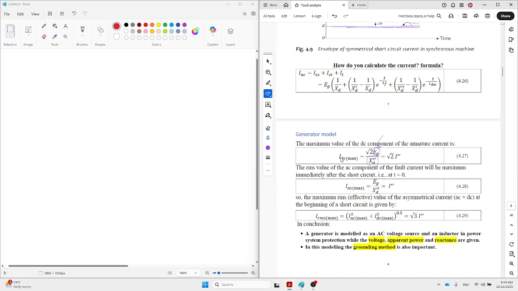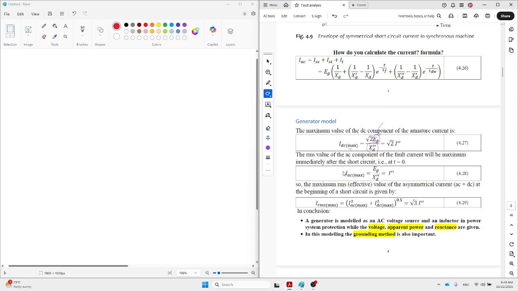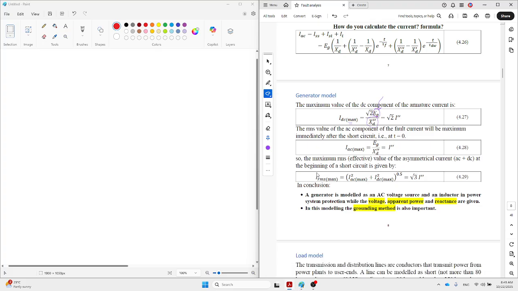So this is IDC, the current DC maximum. And then IAC maximum is the voltage before fault over the XD double prime. And finally, if I ask you what is the RMS current maximum, it is IDC to the power of 2 plus IAC to the power of 2, under a square root, or to the power of 0.5.